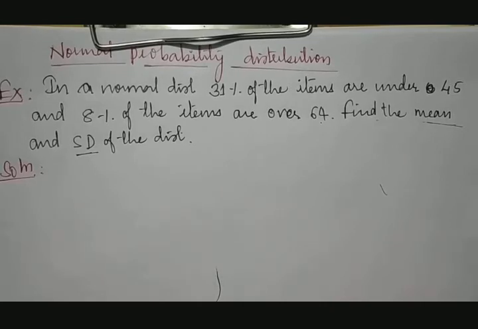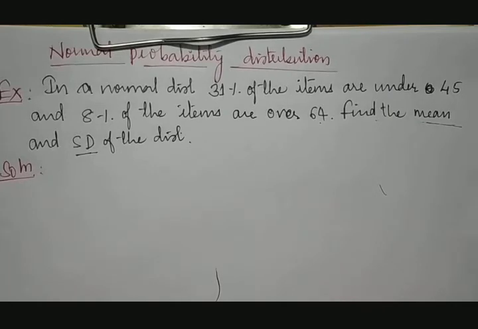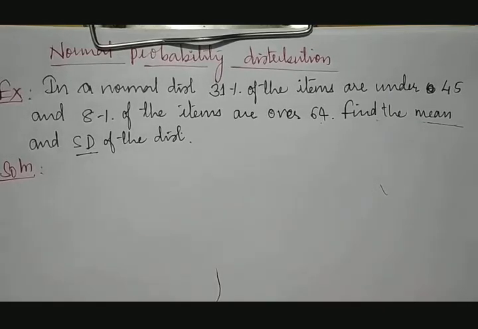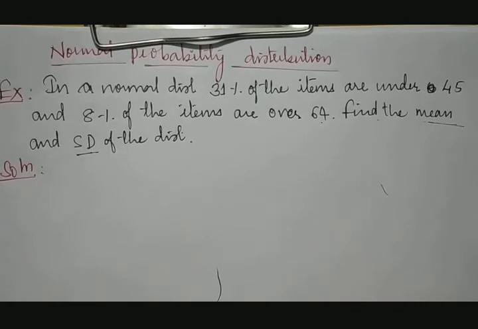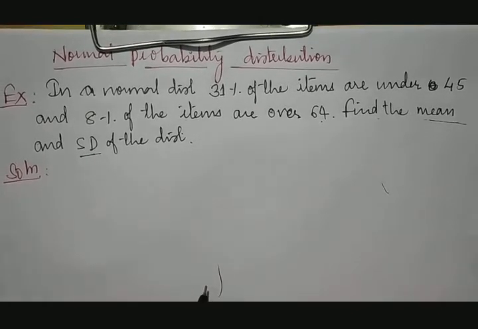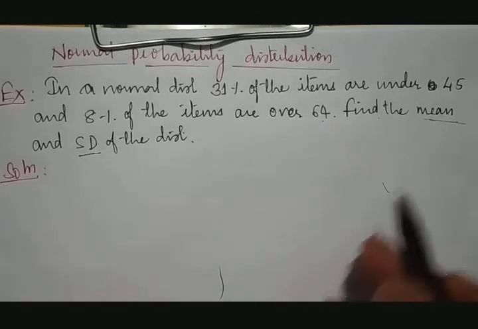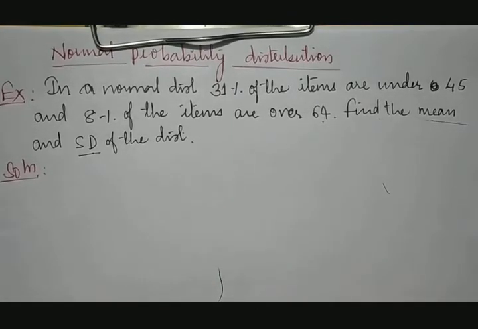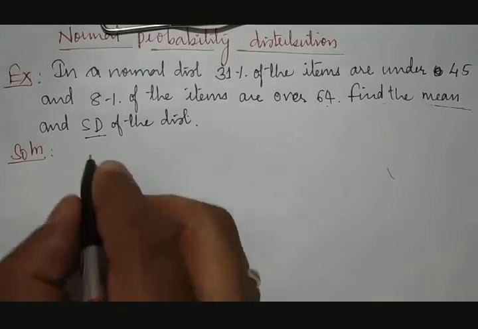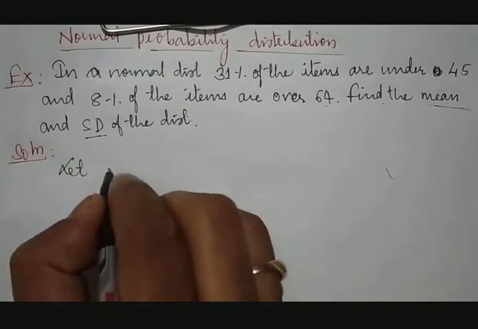Out of that, for 31% of the students their marks will be less than 45, or for 8% of the students their marks may be more than 64. Understood? Like that we are going to calculate, and out of that we need to calculate the mean and standard deviation.